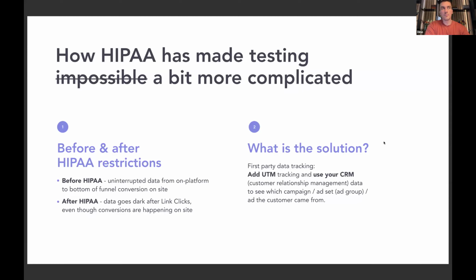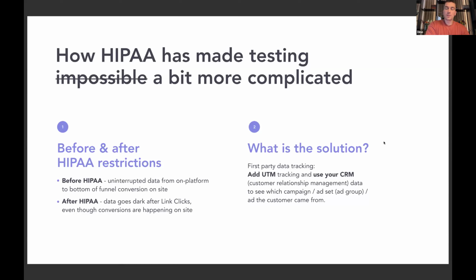We will have some examples afterwards, but even though conversions are happening on the site, even though your CRM is collecting those conversions and you can see them on the backend, in this case, Meta is not able to show us those conversions, give us the numbers, tell us where these conversions are coming from or how much we are paying for these conversions.